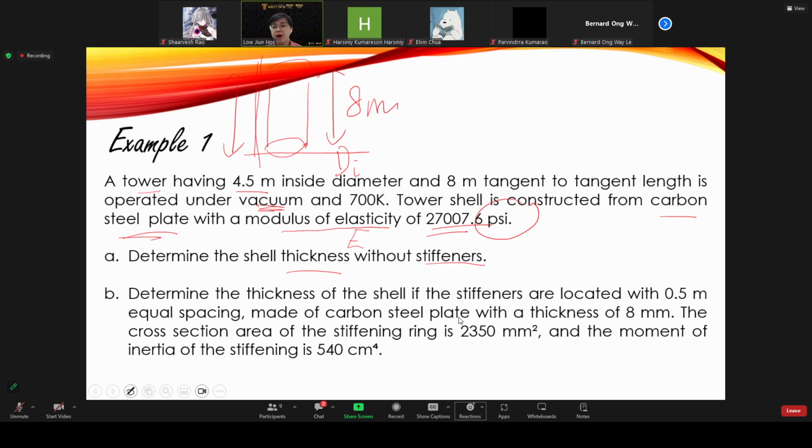Common sense, the environment outside the pressure vessel must be 1 atm. If vacuum, as I told you already, the operating pressure is lower than 1 atm. So the pressure outside the pressure vessel is stronger than the inside one. In this case, we need to consider the external pressure calculation.